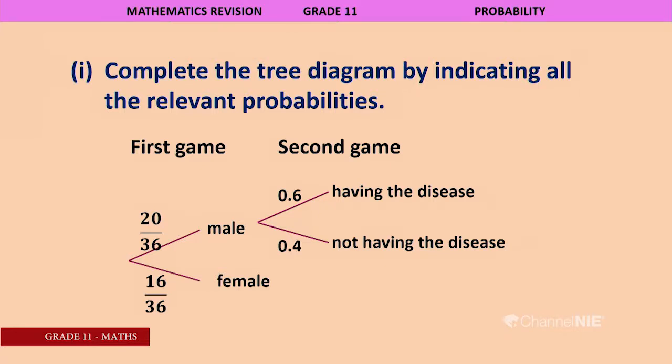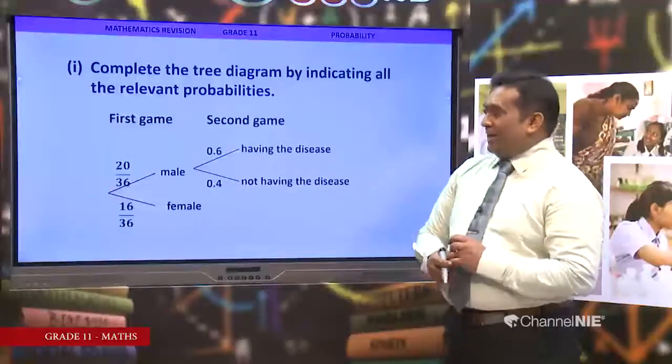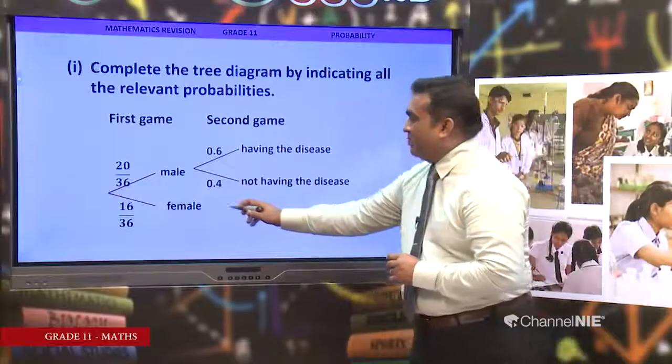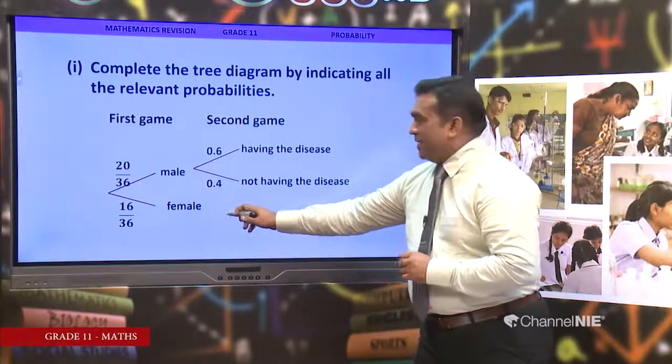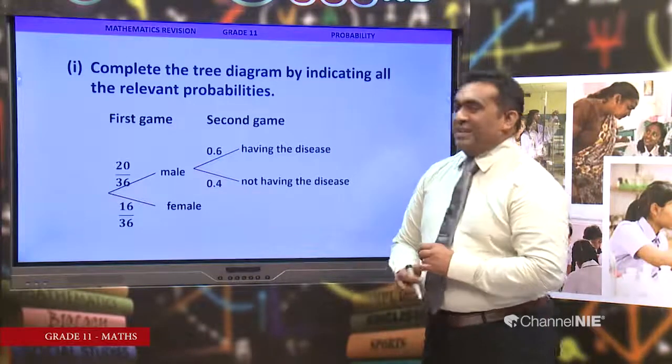Now you have 20 plus 16, 36, right? Having the disease, not having the disease. Having the disease is 0.6, not having the disease is 0.4. Here all the females, it means 1, probability of this part is 1.